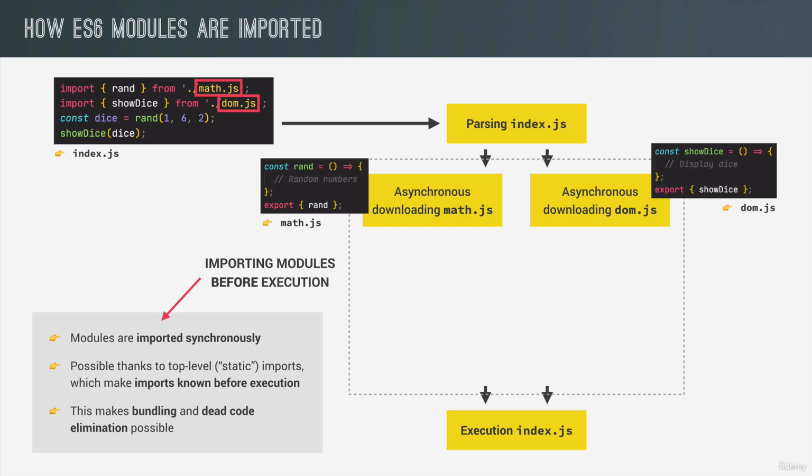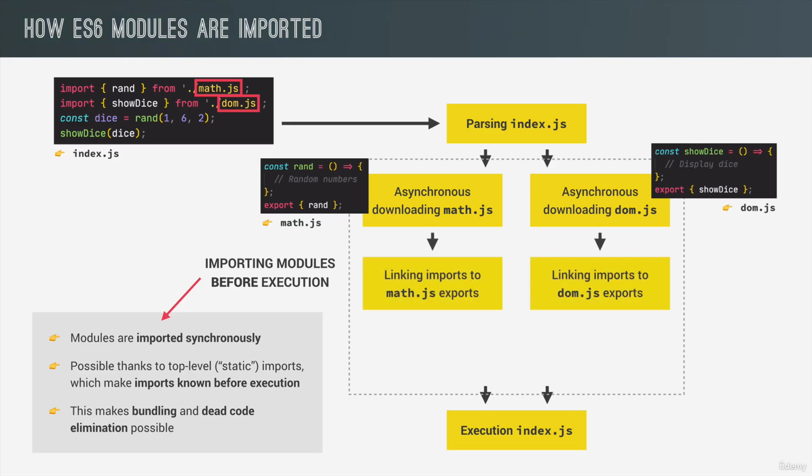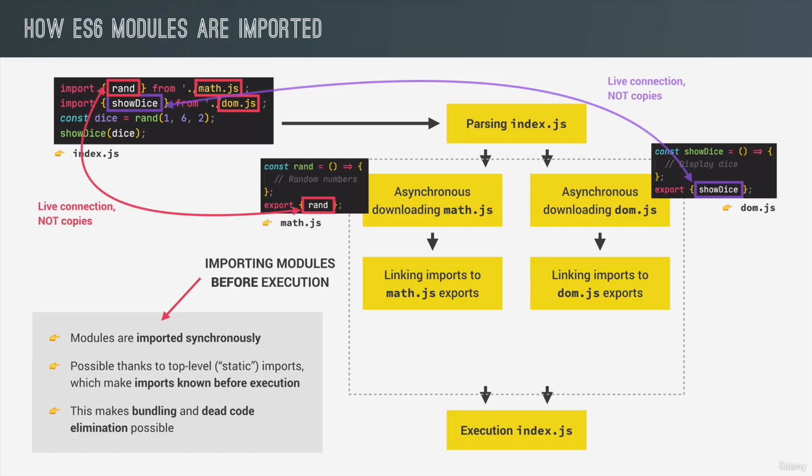Then after a module arrives, it's also parsed, and then the module's exports are linked to the imports in index.js. So for example, the math module exports a function called rand.